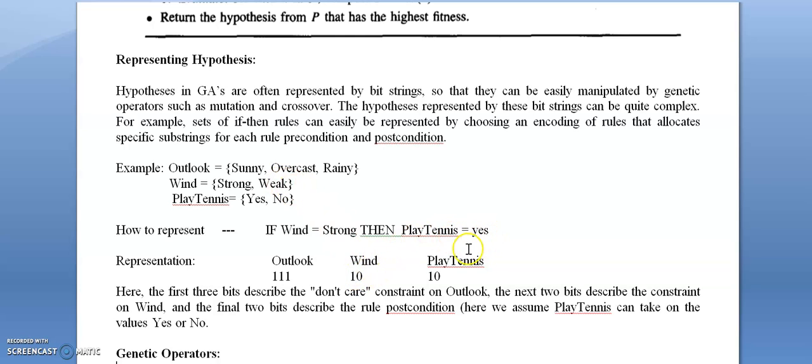Play tennis yes is written as 1 with respect to yes and 0 with respect to no. So this is how we can represent this hypothesis in the form of a string of bits: 1 1 1 1 0 1 0.